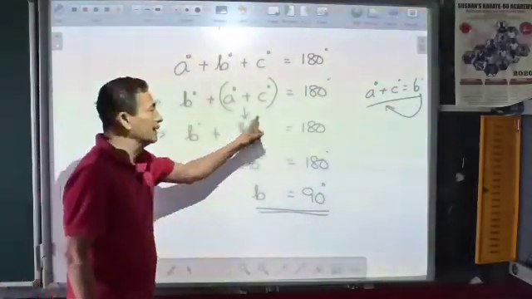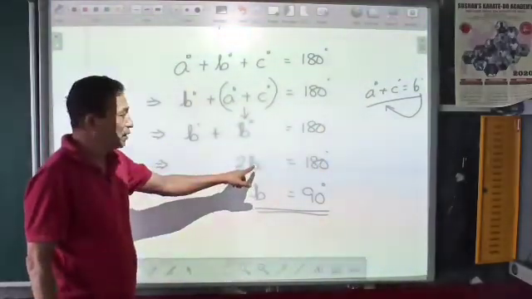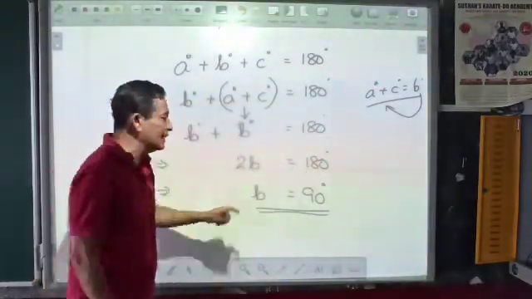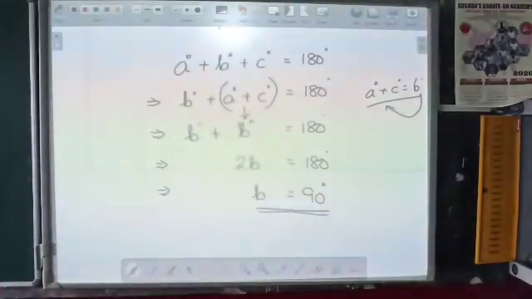B degree plus B degree is 180 degrees. So 2B will be equal to 180. B will be equal to 180 divided by 2, which will give me 90 degrees.